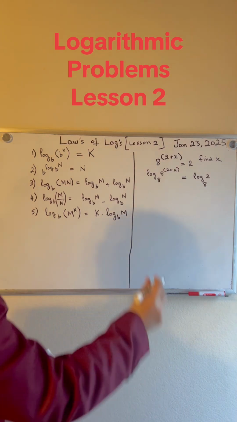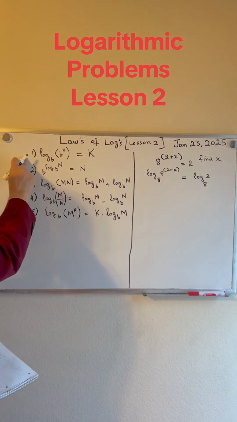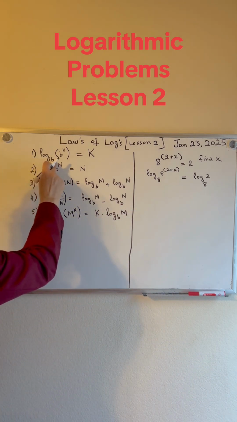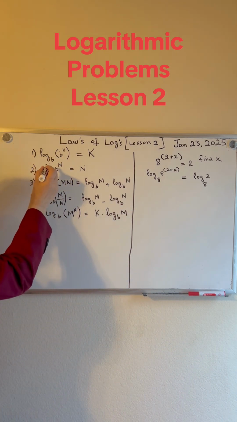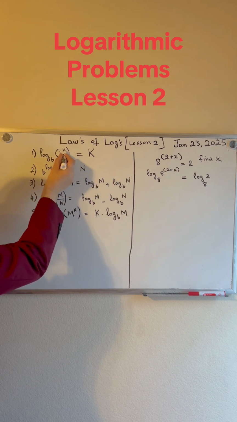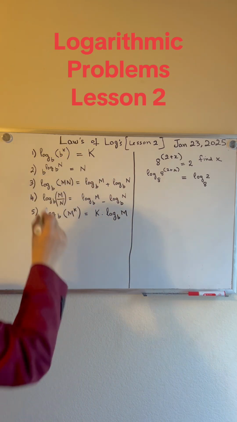Now look at this rule right here, rule number 1. Rule number 1 says for log b, if the bases are the same, then I can just write the exponent k right here. So I'm going to use this formula.